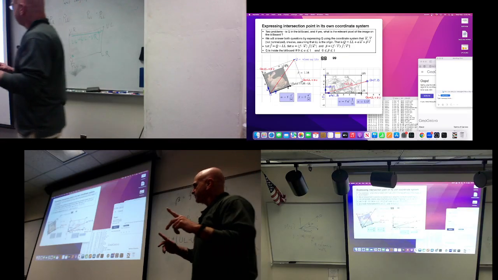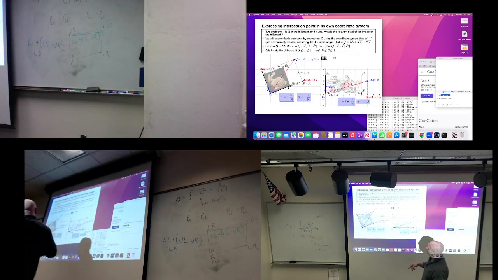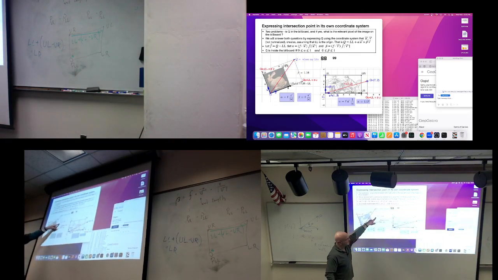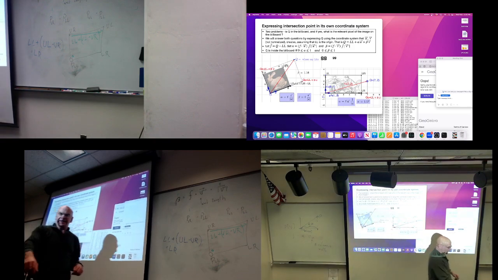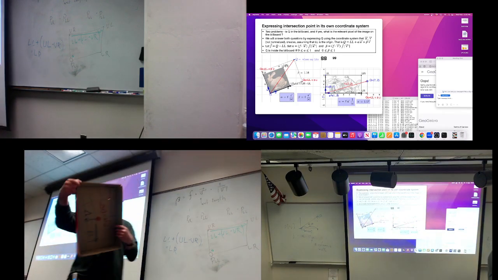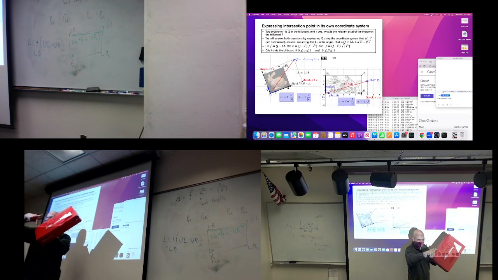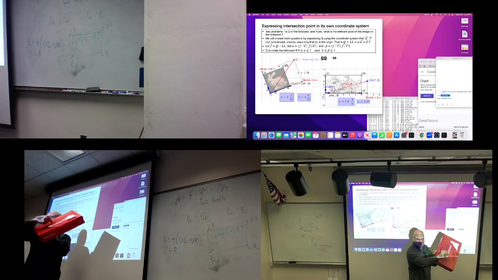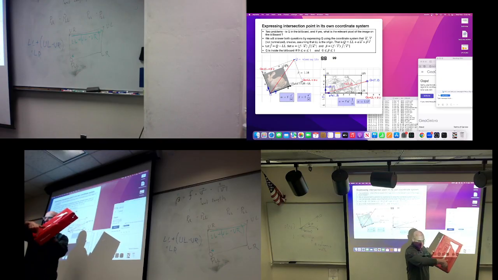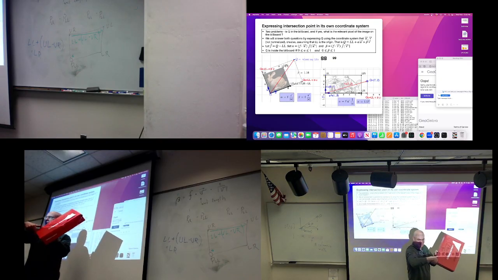I take the billboard, I think about U and V as X and Y, and now the meeting point is expressed as alpha and beta. Some amount of U, some amount of V, tells you how to get to the intersection point.